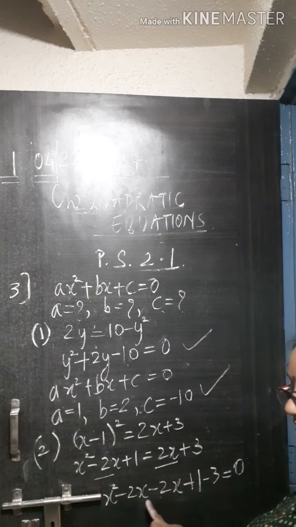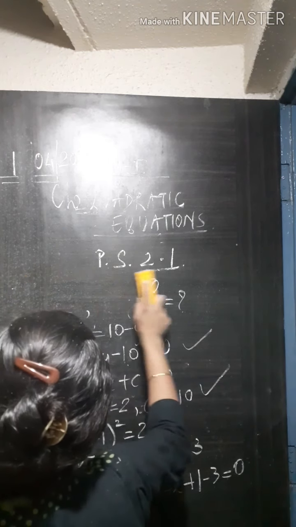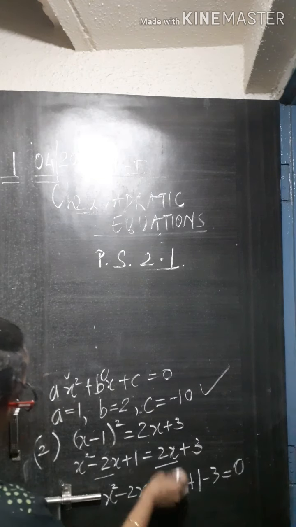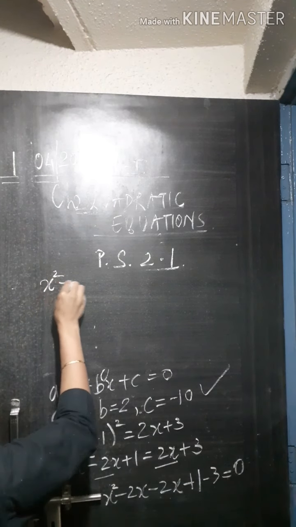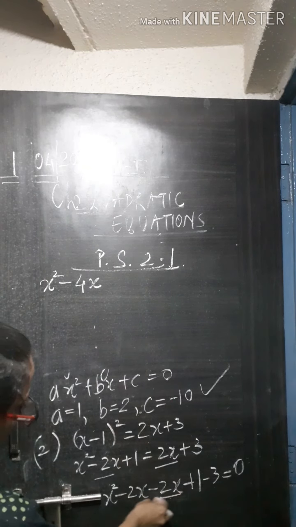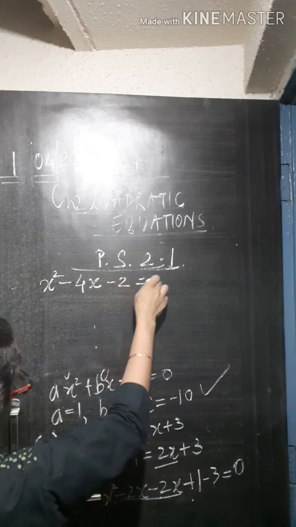So what is minus 2x minus 2x? I will continue on the above part here. What is minus 2x minus 2x? It will be minus 4x. So this will be x square minus 4x. Minus 3 plus 1 will be minus 2. That is equal to 0.